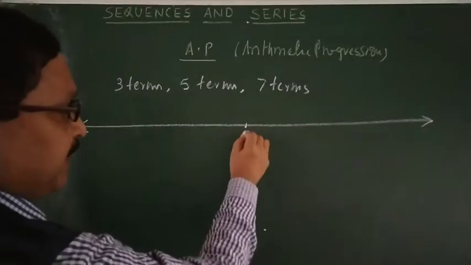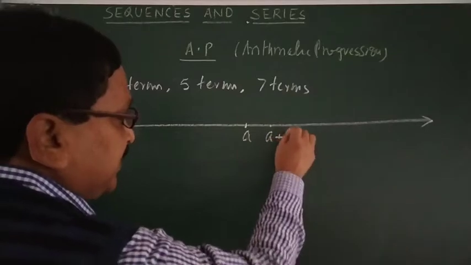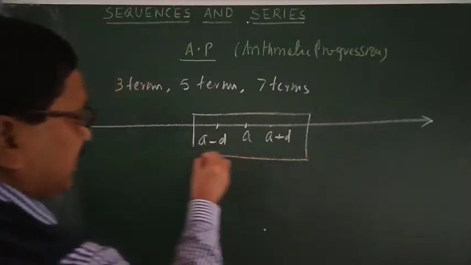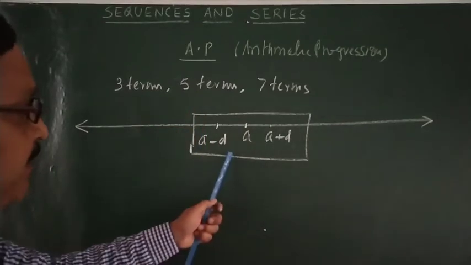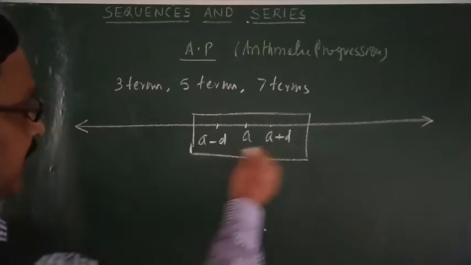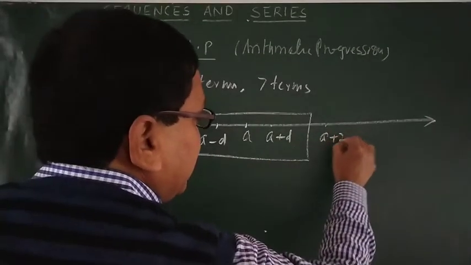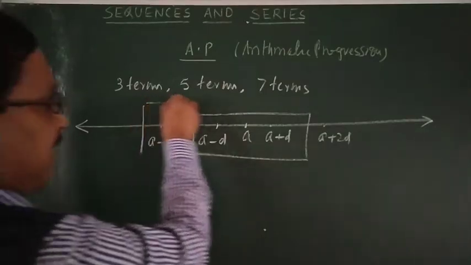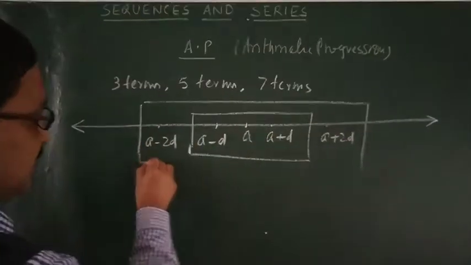If the middle one is A, this will be A plus D, then this will be A minus D. These are the 3 terms which will make the answer short. Again, this is A plus 2D, and on this side there will be A minus 2D. So 5 terms will be selected like this.